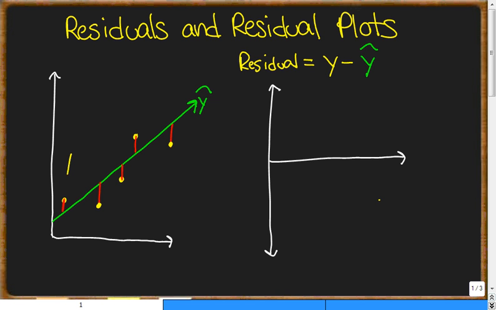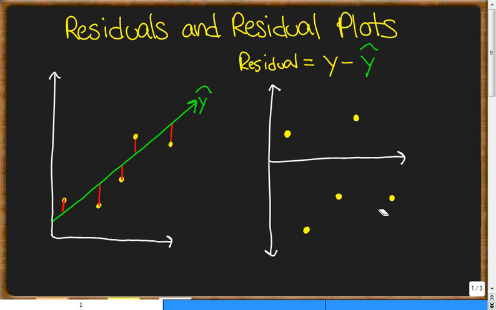Our first residual is positive, and it's just slightly positive, so we'll plot it there. Our second residual seems to be more negative, so we're going to move along the line and plot it down here. Our next one's a little bit less negative. Next one's positive. Next one's negative. So this is a residual plot.